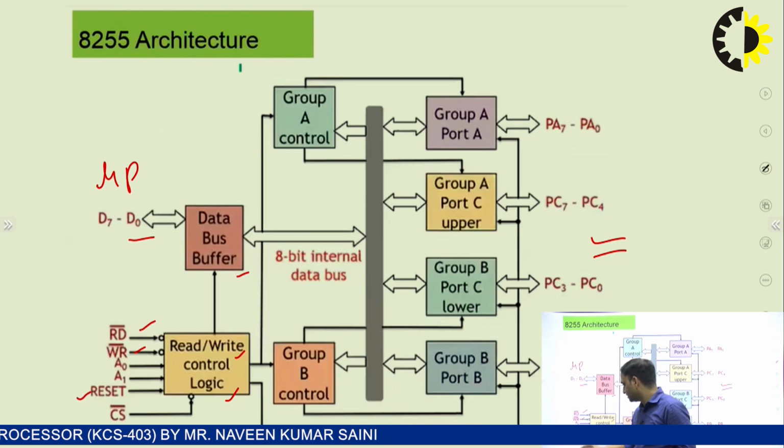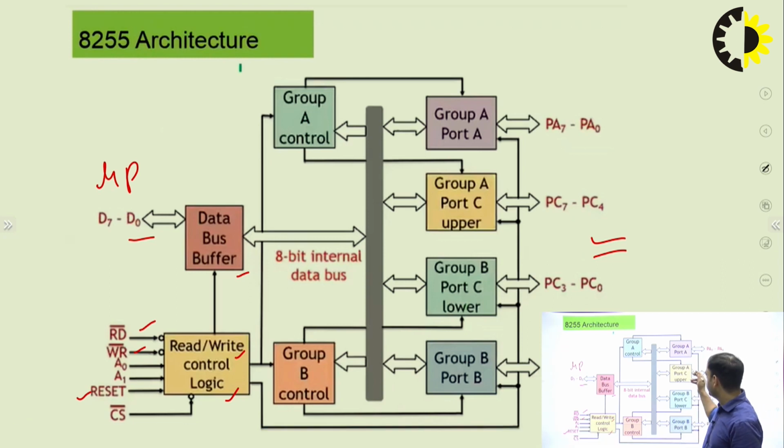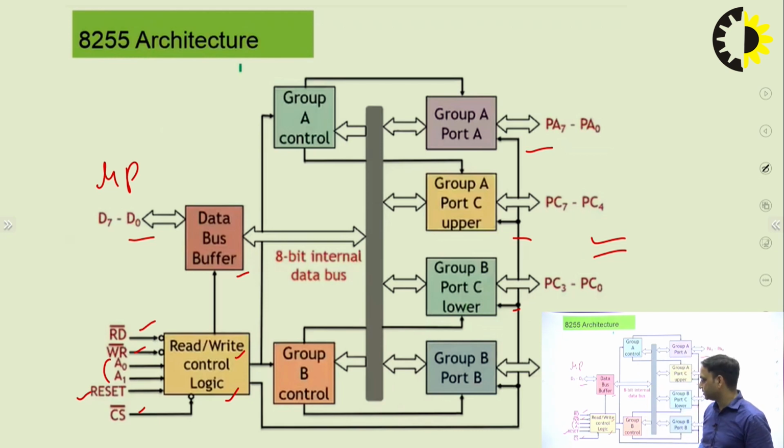Then reset: this reset pin is used to reset any of the registers, such as the control word register, or the numbers at the different ports. So this can be reset. Chip select is used to enable or disable the IC. A0 and A1, these two pins are connected with the microprocessor, and they are responsible for selecting which port is going to be selected.